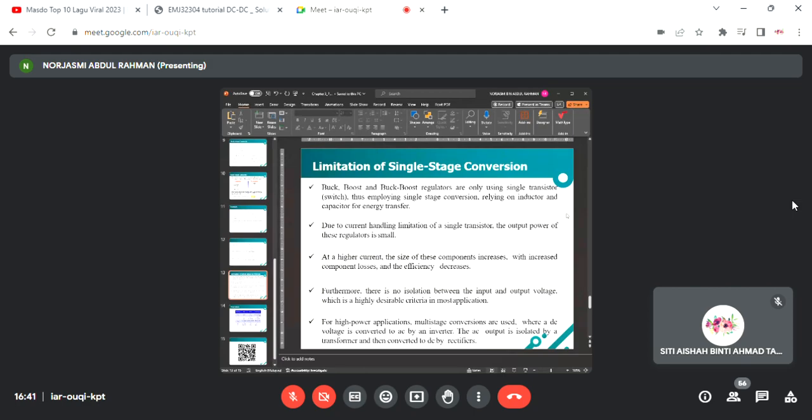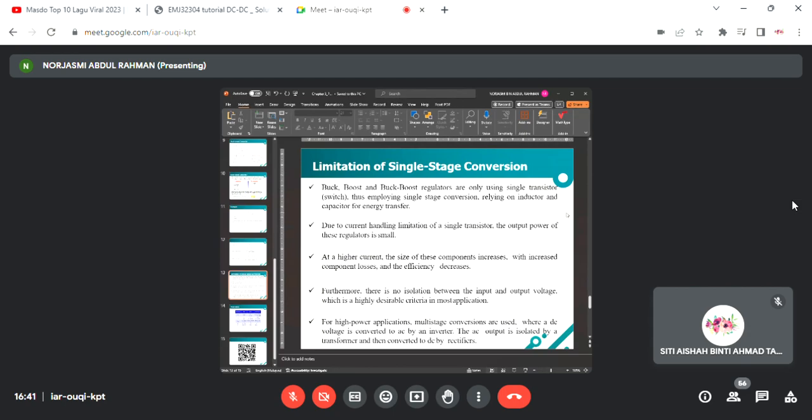Therefore the converter is usually limited to a small power, 50, 60, 100 watts maximum, something like that only. At high current, the size of the components increases, the component losses increase, and efficiency decreases.